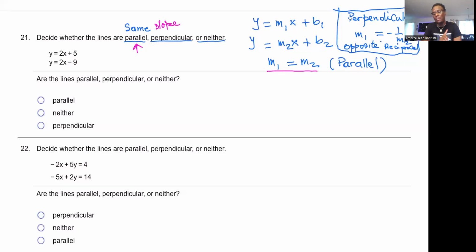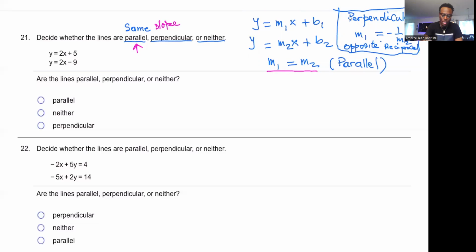I didn't say M1X, M2X. I just said M1 and M2. So we're talking the coefficients of X, not X included. So if the coefficients of the X's in the equations y equals mx plus b for two lines are the same, that's when you say that the lines are parallel.